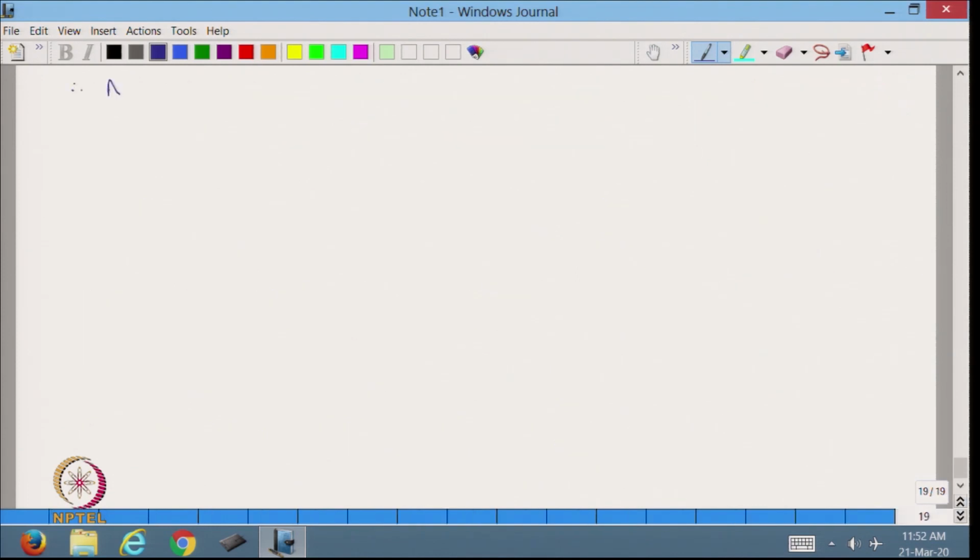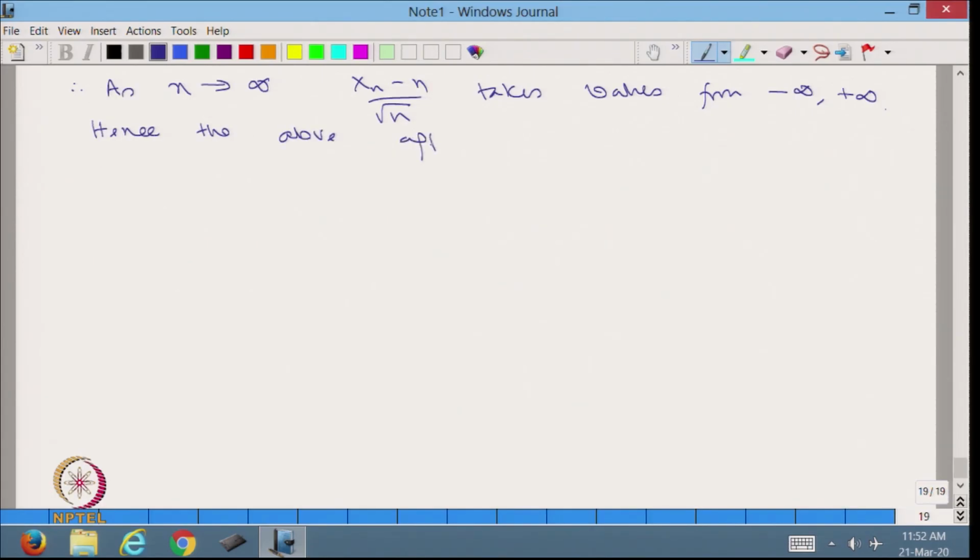Therefore, as n goes to infinity, (xn minus n) upon root n takes values from minus infinity to infinity. Hence, the above approximation makes sense.